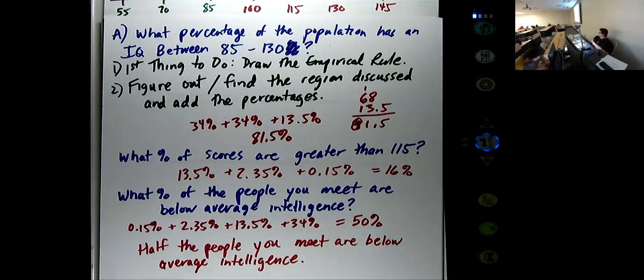That includes everybody. At a college, if you're just talking about the people at a college, it's higher than that. While there are some people that go to college that are below average intelligence, it's not half. I don't know what the actual percentage is, but some people just don't go to college, like college is not for me.